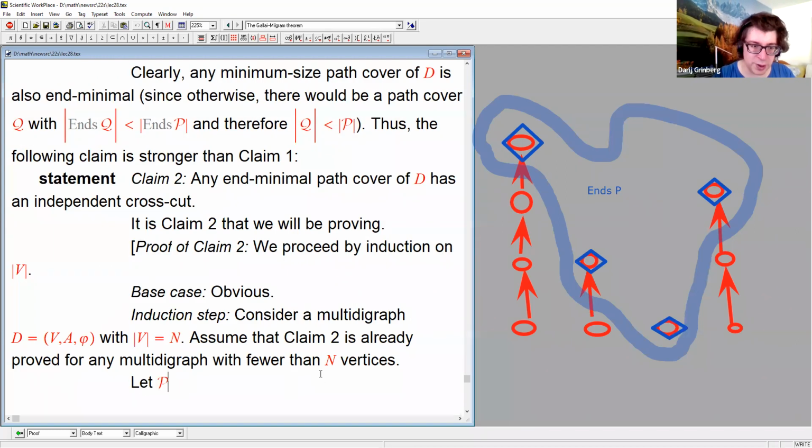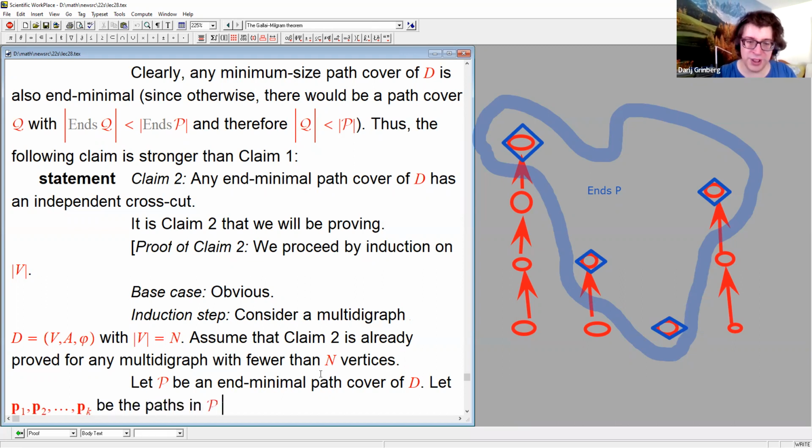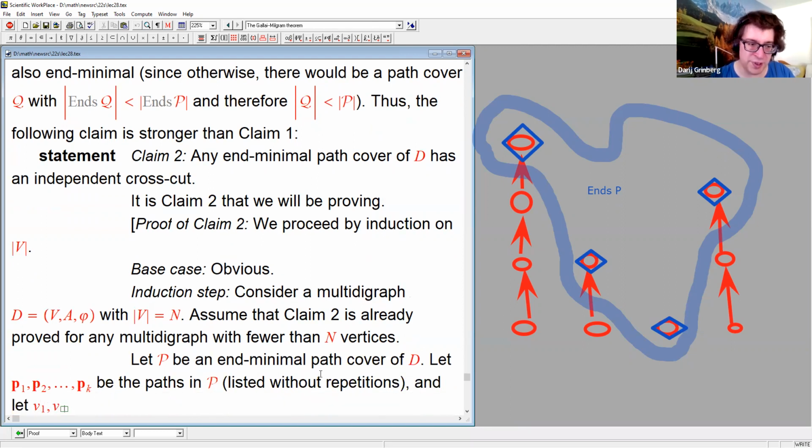Okay, and let P be an end minimal path cover of D. Let P1, P2, dot, dot, dot, Pk be the paths in P, listed without repetitions, so I'm not listing the same path twice. And let V1, dot, dot, dot, Vk be the respective ending points. Okay, so let me draw this.